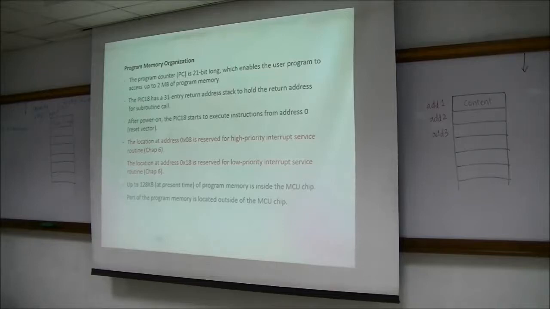So if the capacity is this much, how many locations do we have? We have 2,097,152 locations. It's quite simple: if the capacity is 2 million, it can store 2 million bytes, because one location is 1 byte.